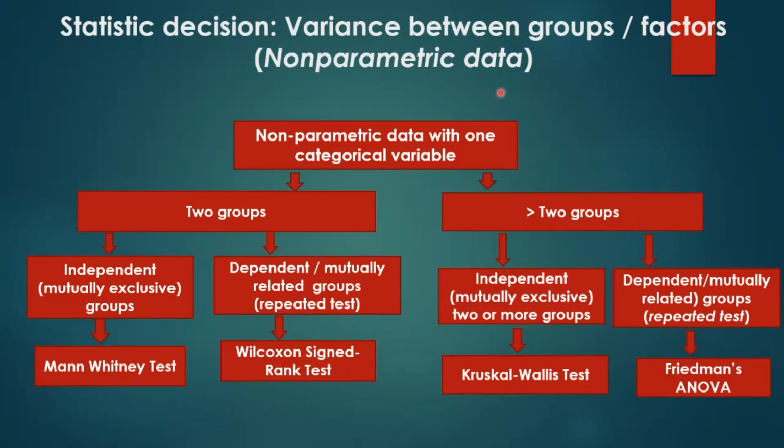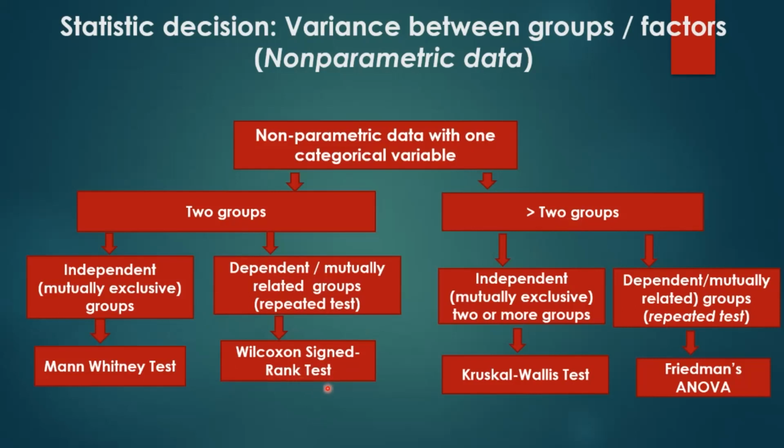That is for non-parametric data. If they are dependent, we do the Friedman's ANOVA. This one will be a repeated test, but for more than two groups. Repeated test for two groups, we do the Wilcoxon signed-rank test.